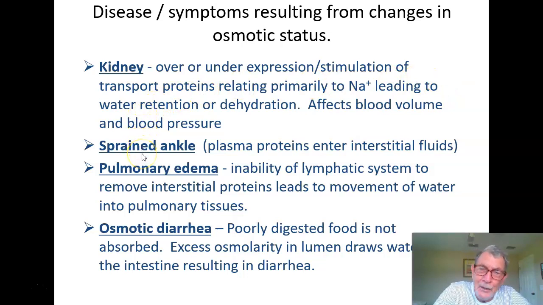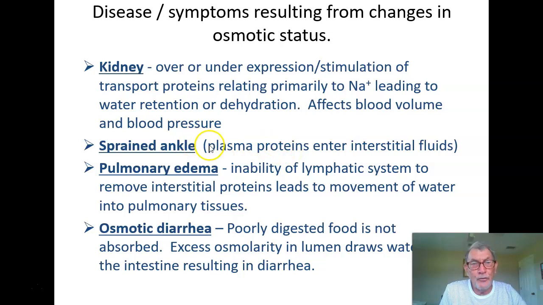A sprained ankle. When you sprain your ankle, it swells up. It doesn't fill up with blood, it fills up with water. Because a lot of plasma proteins and things that are supposed to stay inside the blood vessel to osmotically keep blood in are now released out into the tissue, and their osmotic forces pull additional water out of all the surrounding blood vessels, and your ankle swells up like a water balloon.